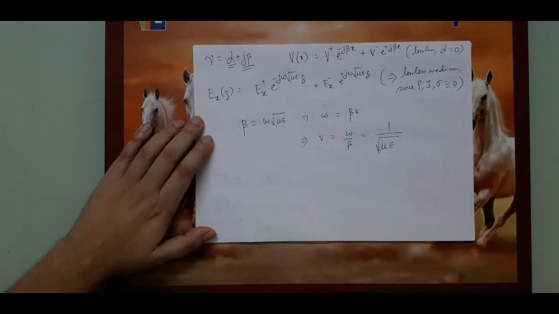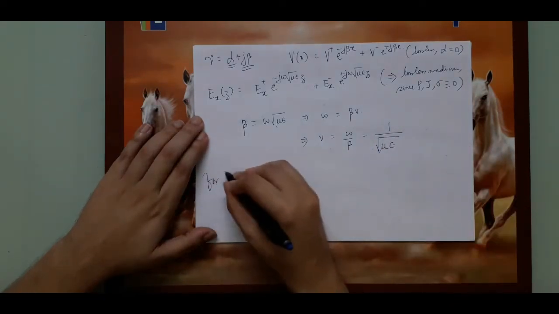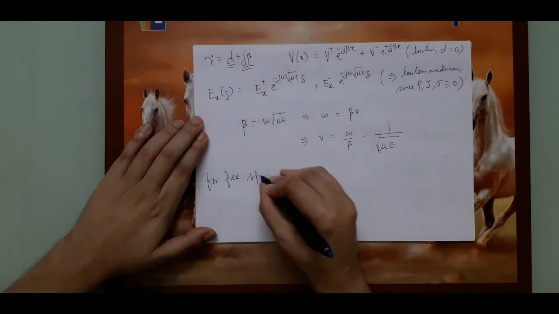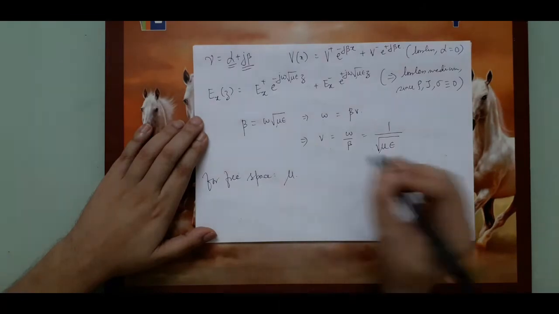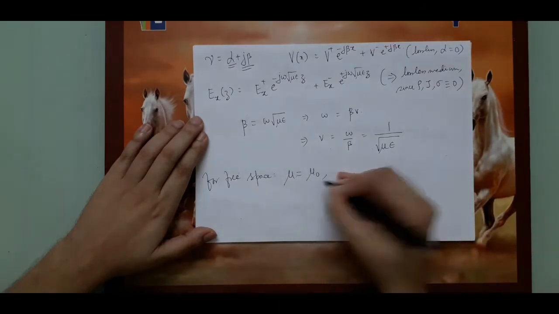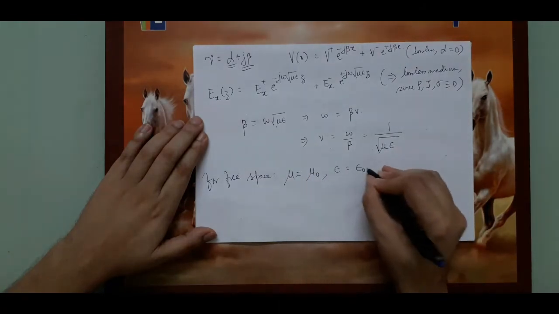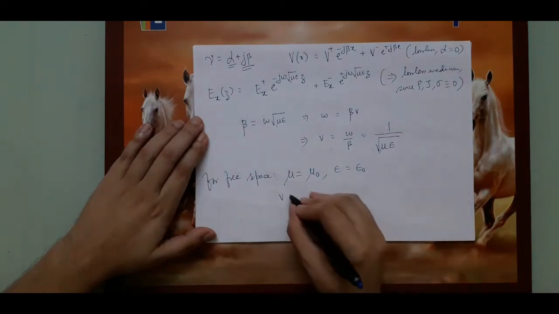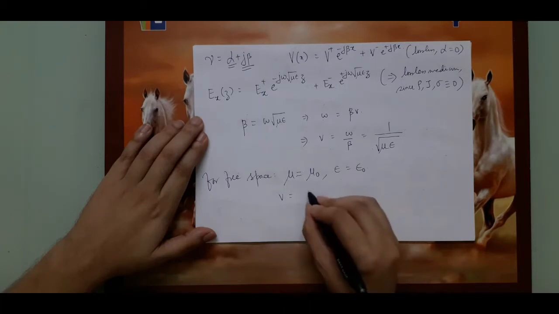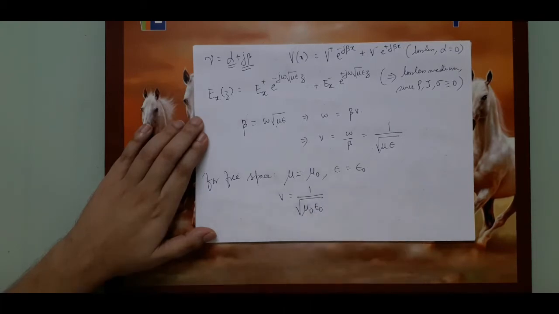Now for free space, mu equals mu 0 and epsilon equals epsilon 0. So if you substitute, what you will get is that the velocity in free space is nothing but 1 by under root mu 0 epsilon 0.